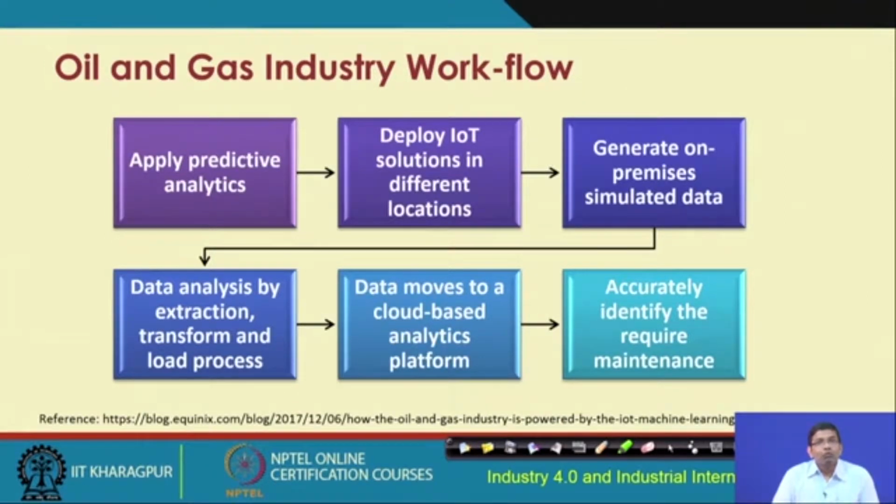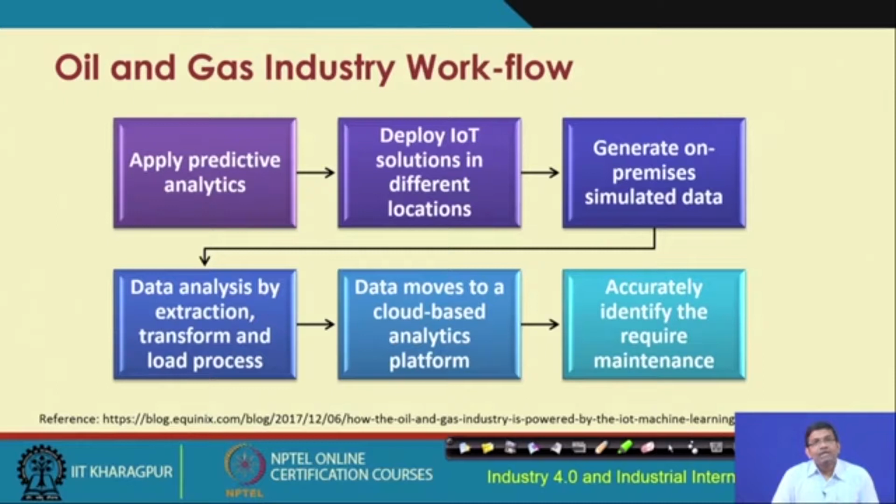So, depending on what analytics we would like to do, the specific objectives that we have, we mean the specific industry that is implementing, the oil and gas industry that is implementing this solution, they would have some specific analytics objective.